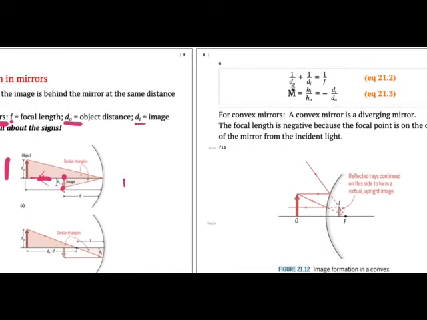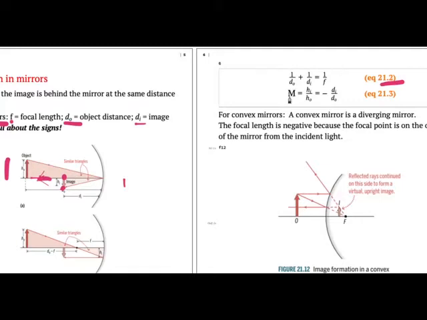One over DO plus 1 over DI is 1 over F, where F is the focal length. For a spherical mirror, the focal length is equal to 1/2 of the radius of the mirror. So this is in chapter 21, equation 2. This is an equation we'll see over and over again.